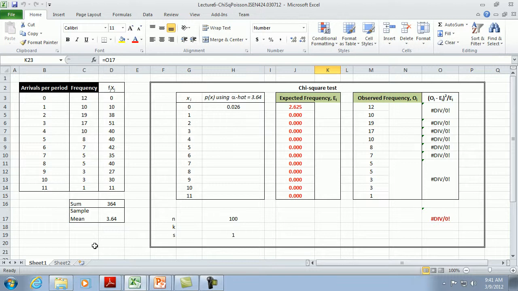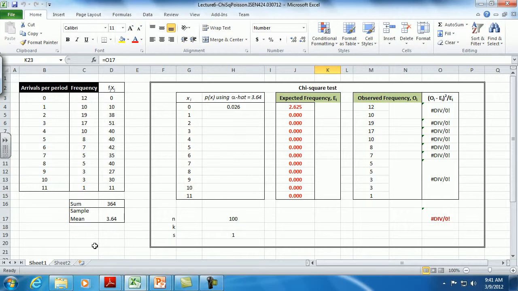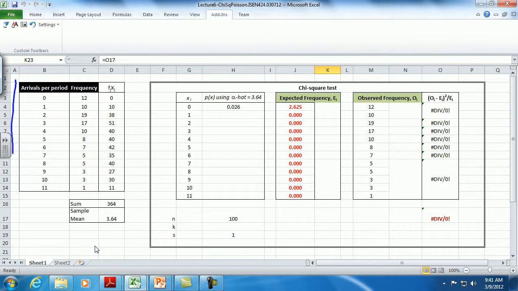So if you access that folder, you should be able to access this file. And what we have here is just a table that contains the information from the problem. So this first table has the information that was presented in the problem.